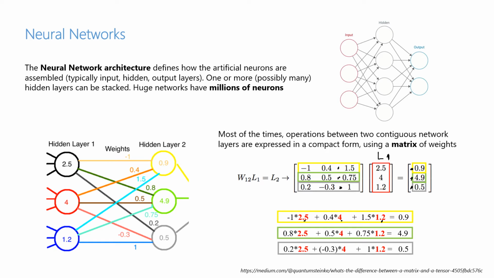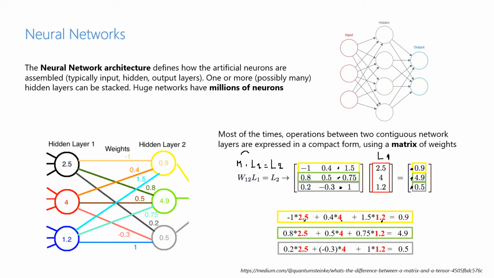get used to seeing this kind of expression. A matrix of weights multiplied by a network layer gives us the next layer.